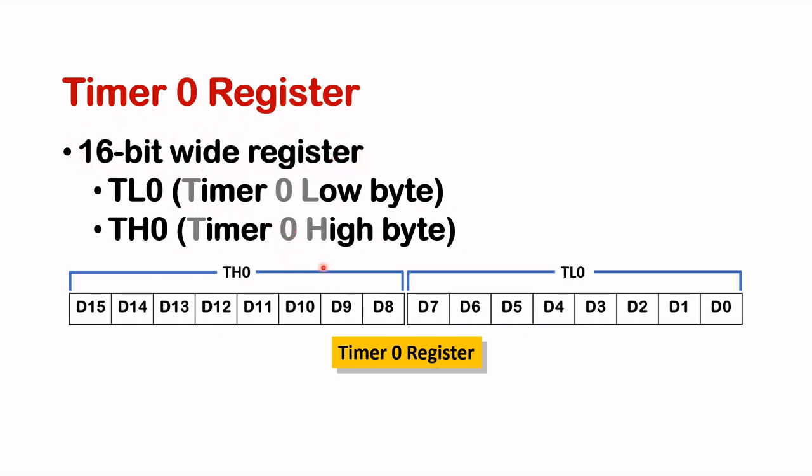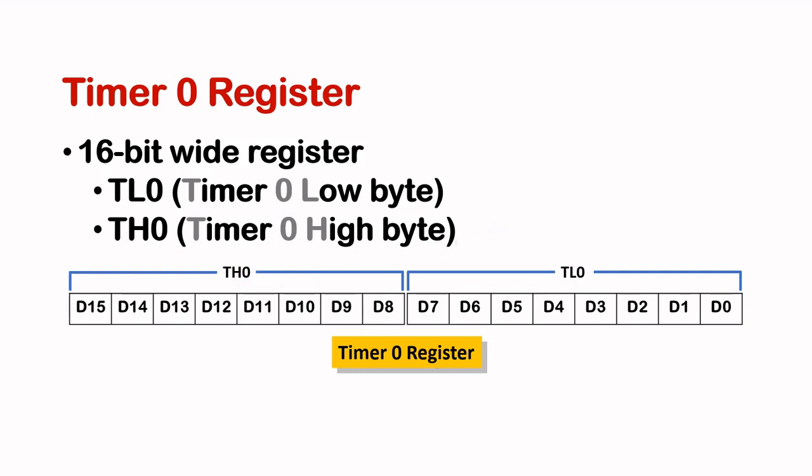Actually, it's made up of 2 8-bit wide registers, as you can see here. So this is timer 0 low byte, which is this one here, that's 8 bits, and timer 0 high byte, which is this one here, and we'll label it TH0 for timer high, TL is timer low. So the 0 indicates they are timer 0.